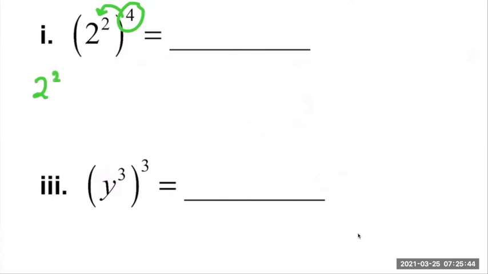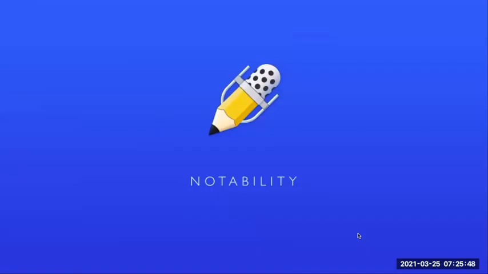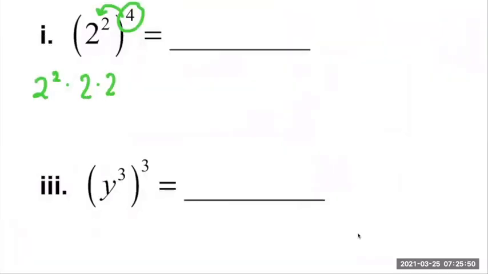So it becomes 2 squared times 2 squared times 2 squared times 2 squared. So now I have 4 of those.